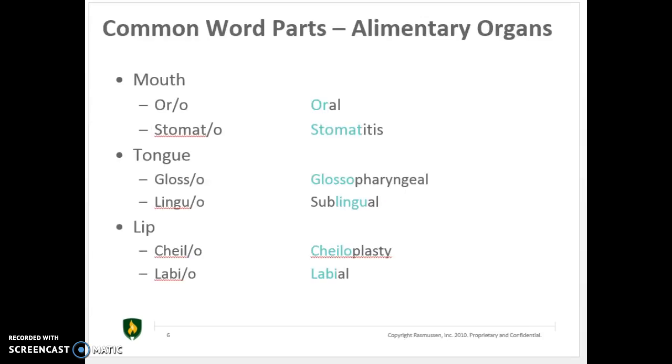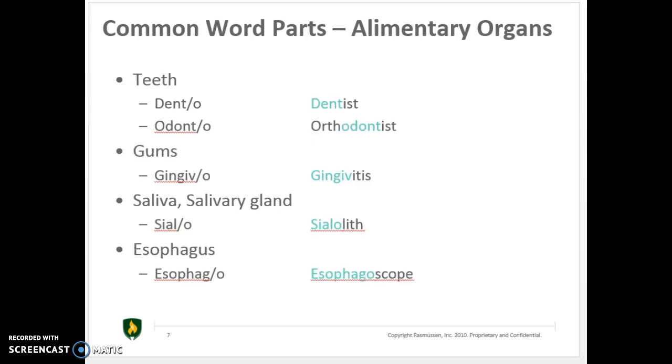Alright, I'm going to run through these pronunciations fairly quickly. We have oral, stomatitis, glossopharyngeal, sublingual, chelioplasty, and labial.